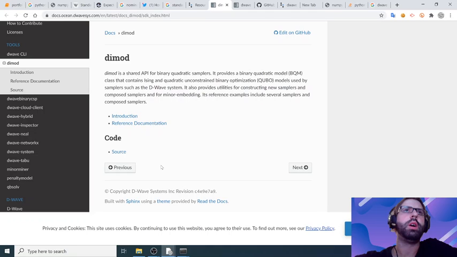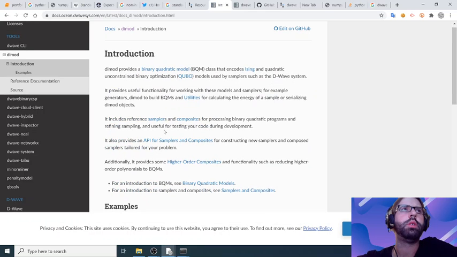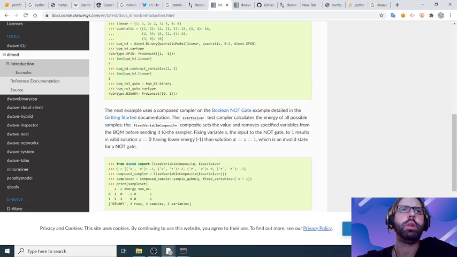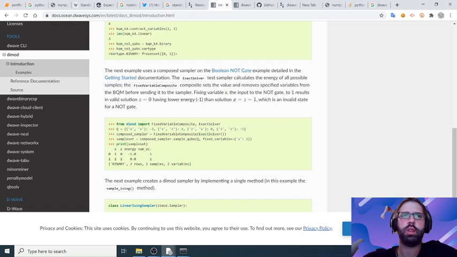Try model, class contains sizing, try consumer models. Introduction. Examples, blah, blah, blah. Okay, so this is how you use the library to create the models.